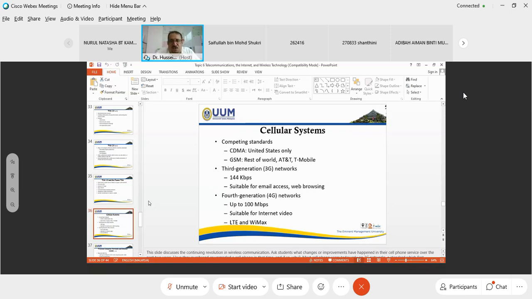Cellular systems. This is a part of the wireless network. We use GSM in many places. CDMA is also a cellular system, but it uses a different technology. In my country, we use CDMA with one company and GSM with another. So we had the third generation network, and now we are in the fifth generation, so a high speed network is there.